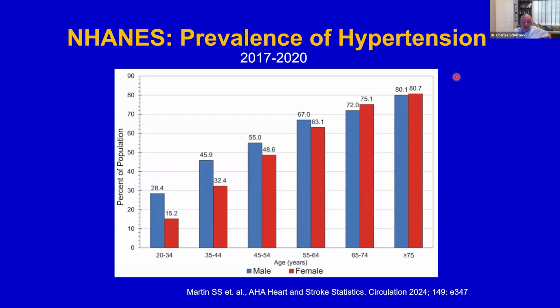The prevalence of hypertension rises with age. These are the latest statistics published in the American Heart Association Heart and Stroke Statistics this year, and they show that the incidence of hypertension rises as we age, so that over the age of 65, 72 to 75% of people have hypertension, and over the age of 75, it's over 80%.